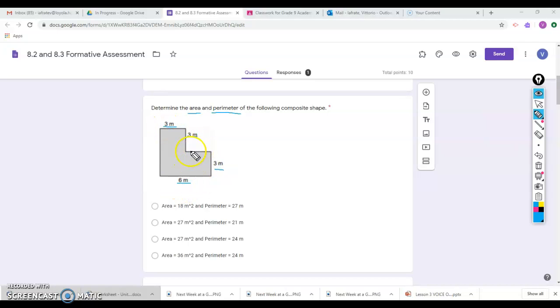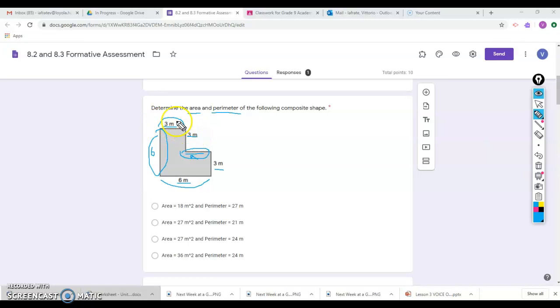But then don't forget there's also a side over here that you're not paying attention to if you don't look at it closely, and a side over here. So this side here is pretty easy to find. Let's just call it side A. And this side here, we'll call it side B for now. If you look carefully, this whole side here is 6 meters, and this side here is 3 meters.